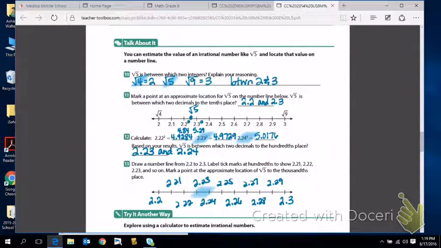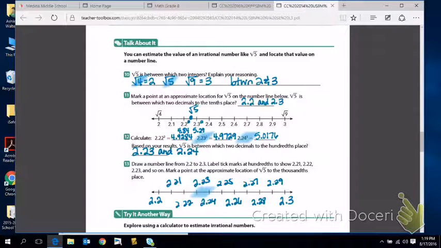We could now try 2.232 squared, which gets us a little closer at 4.981824. We could now try 2.233 squared, which gets us to 4.986289. We could try 2.234 squared, which brings us to 4.990756.